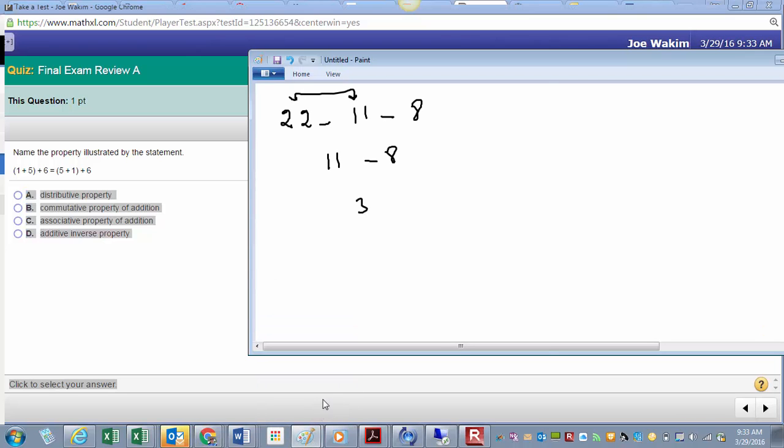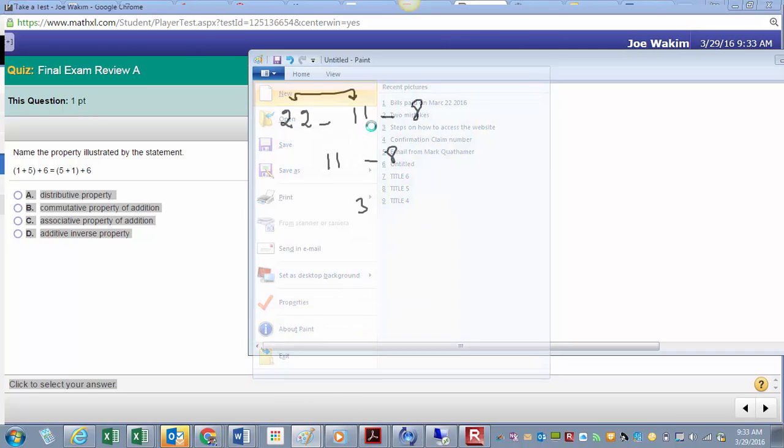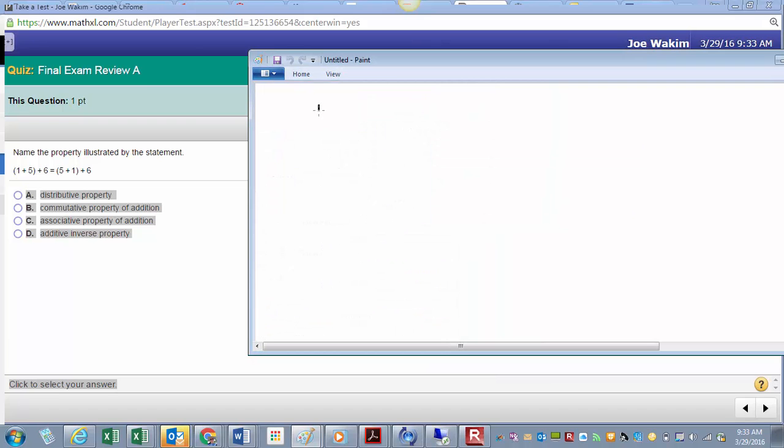Let's see. So you have 1 plus 5 plus 6. To be associative, this should be 1 plus 5 plus 6. Notice the numbers are in the same order, 1, 5, 6. This would be associative property. We only switch the parentheses. This is not the case here.